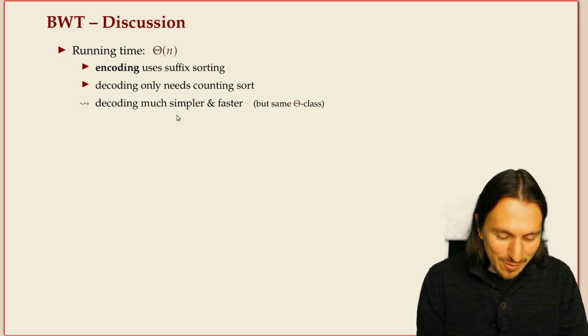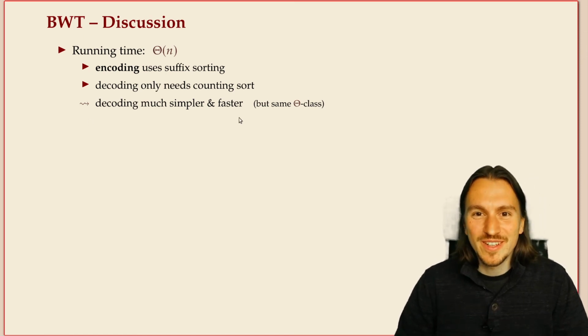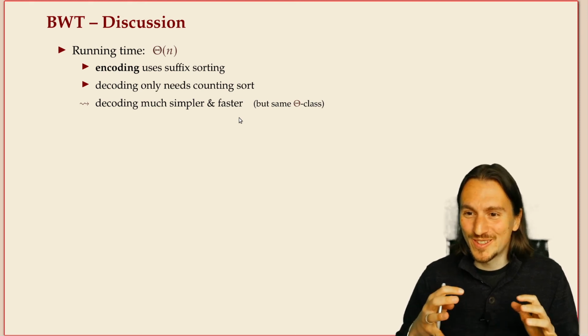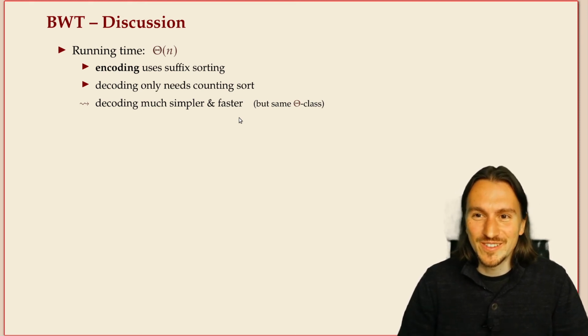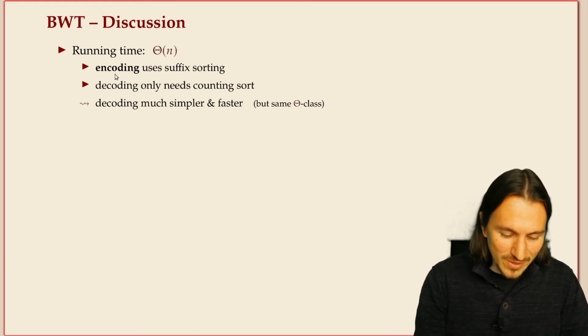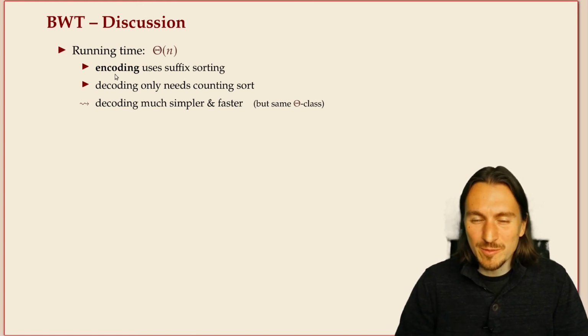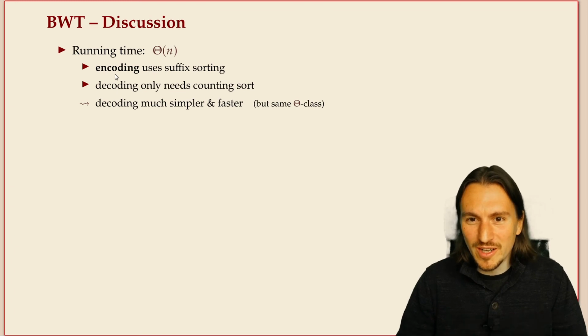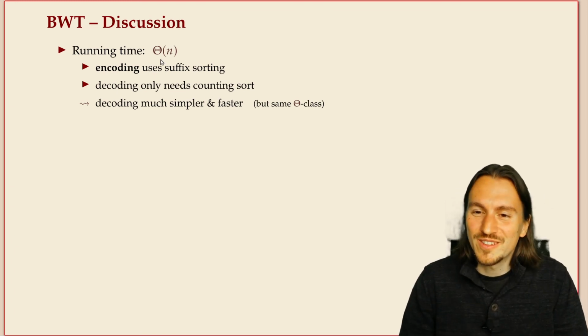So again, we have this observation that we've made for many of the other compression methods. Decoding is usually simpler and faster, and that's also true for the BWT. Computing the inverse BWT is very simple and fast, even though conceptually it looks very challenging to do. And encoding seems more complicated, even though in theta notation there's no difference.